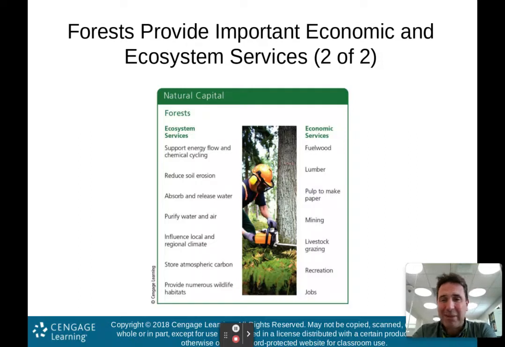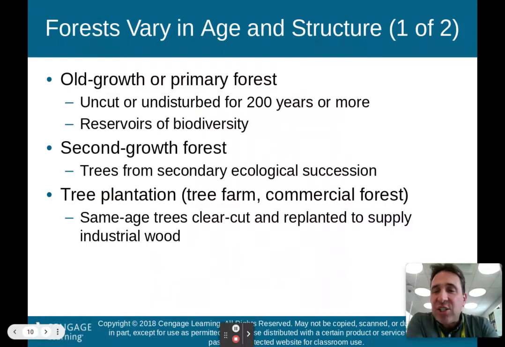We did that lab at the beginning of the year, and provide numerous wildlife habitats. Economic services that forests provide: fuel wood, lumber, pulp to make paper, mining, livestock grazing, recreation, and jobs. All right. So again, definitely understand and have a few of these in mind if you need to pull them out for an FRQ.